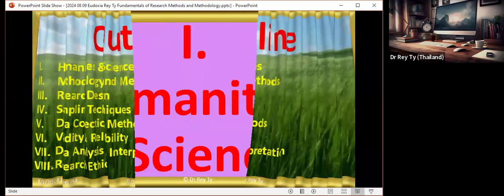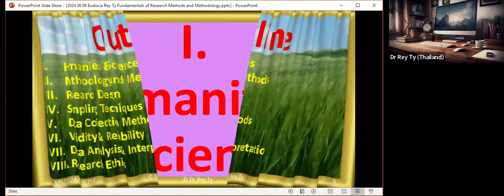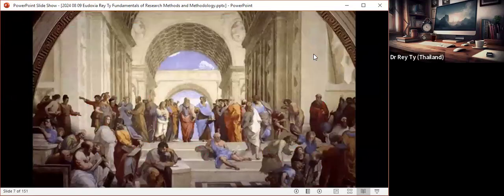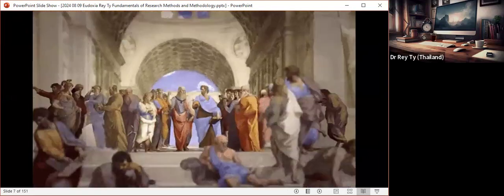Now, for the first part, we will make a distinction between humanities and the sciences. Why do we need to make a distinction?